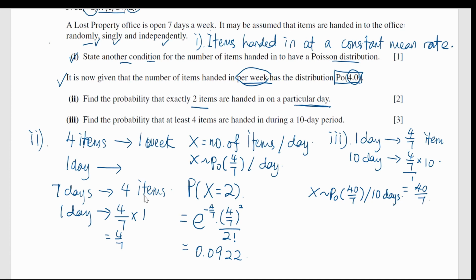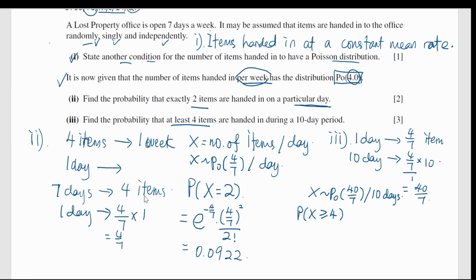So you must be able to determine the correct mean according to the interval given by the question. Only now are we able to answer the question, at least 4 items, which means greater than or equal to 4. Another characteristic of the Poisson distribution, based on what we discussed: X is the number of items handed in, in a week or in a day or in a 10-day period.